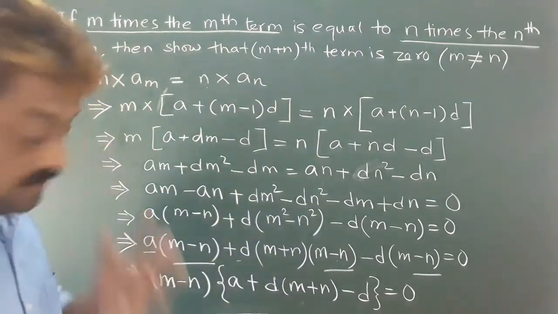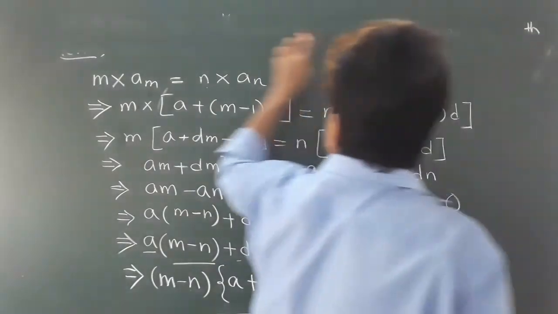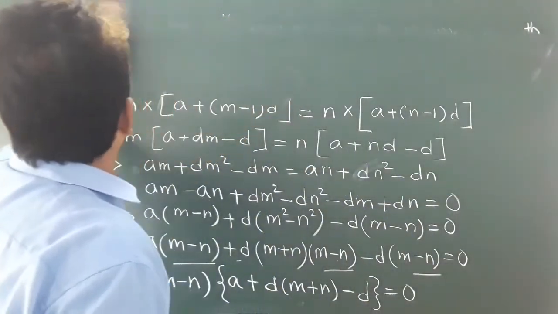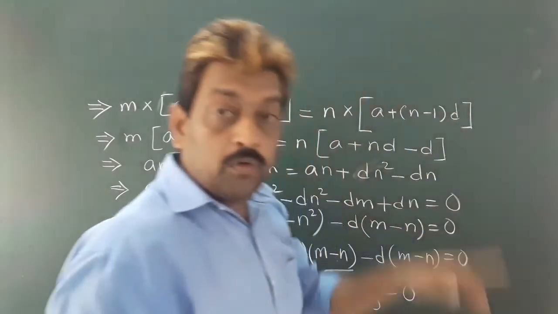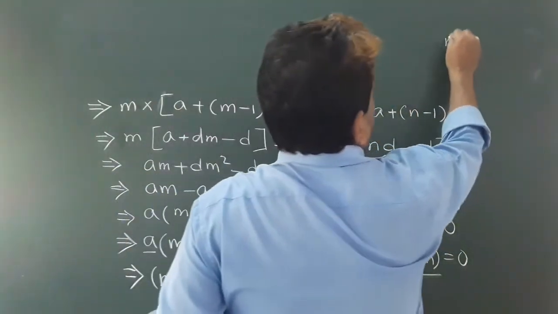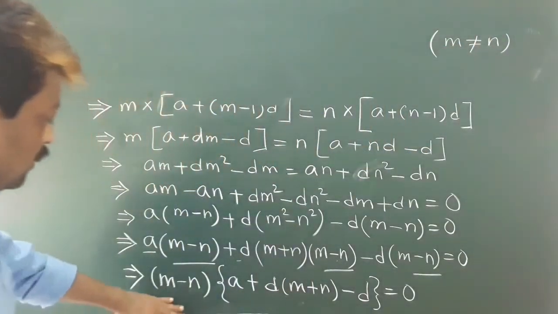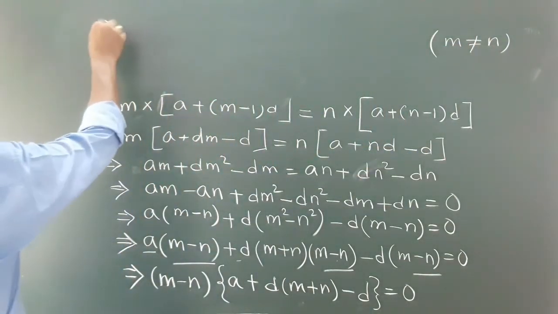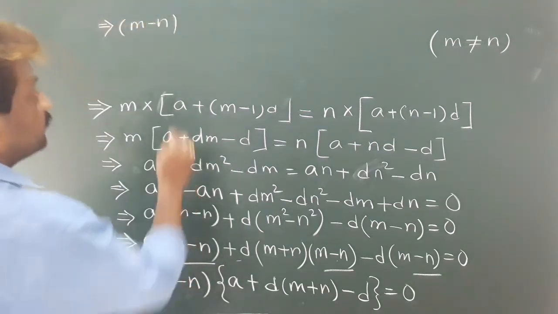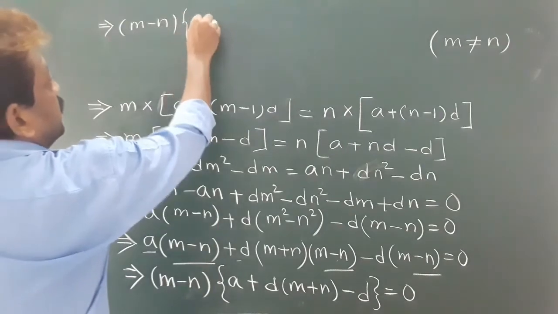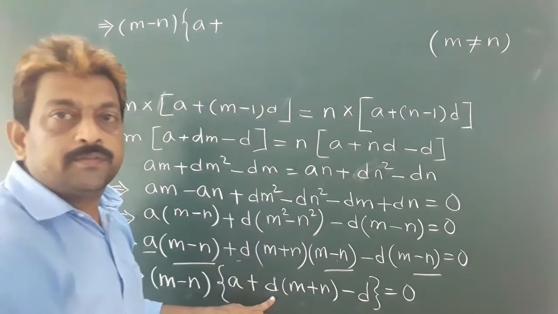Okay. Now the next. It was given in the question that m is not equal to n. This is a very important condition. So now this can be written as (m minus n) times (a plus ...). See, in both these terms we can take d as common.